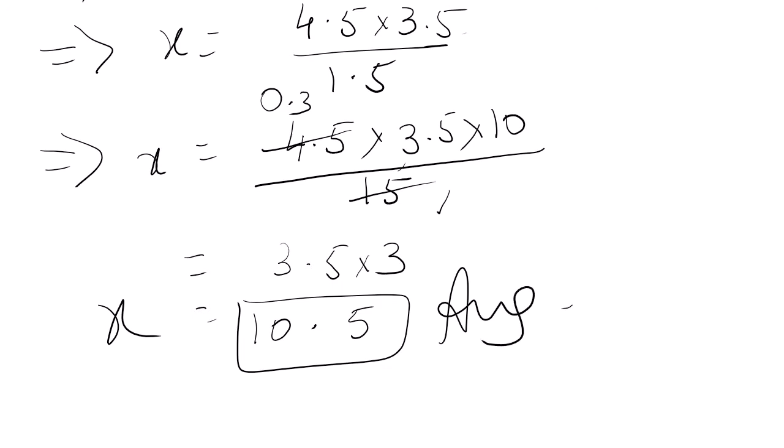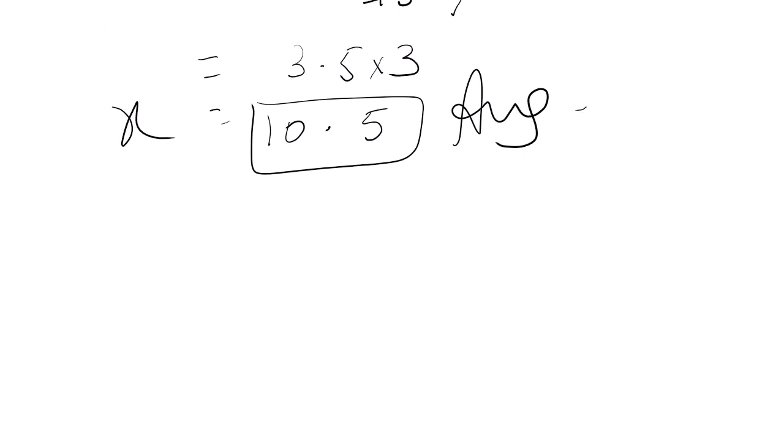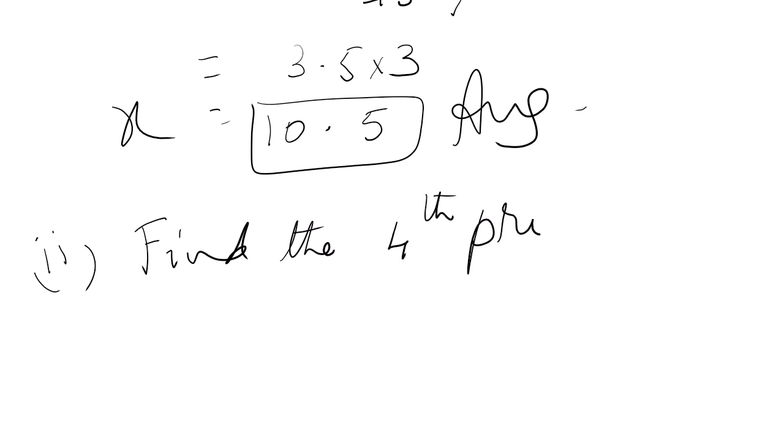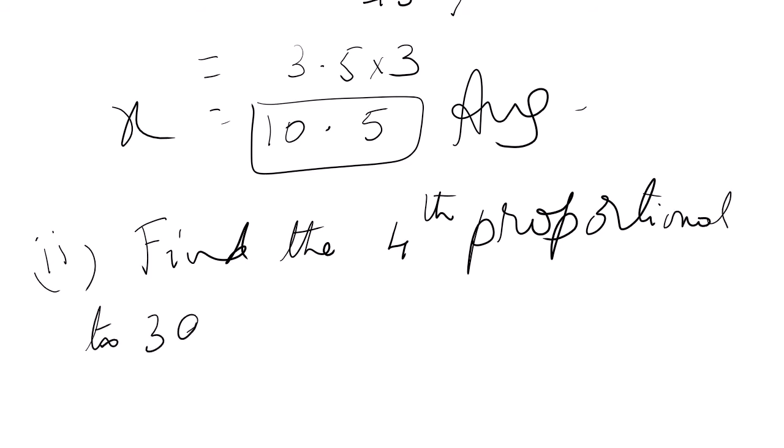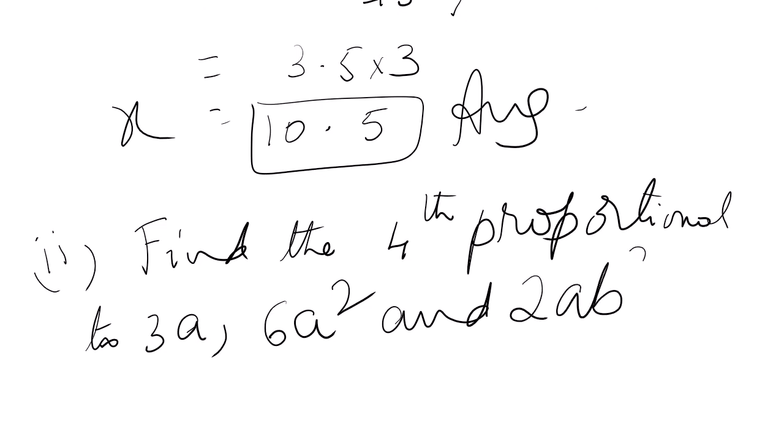Okay, so now you do the next question and you practice on your own. Find the fourth proportional to 3a, 6a square and 2ab square.